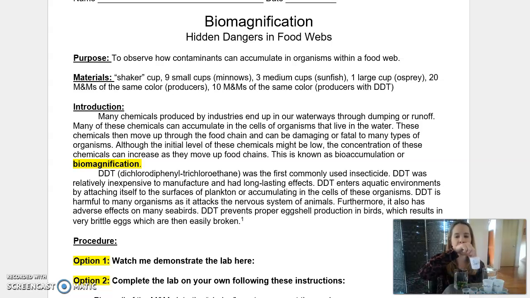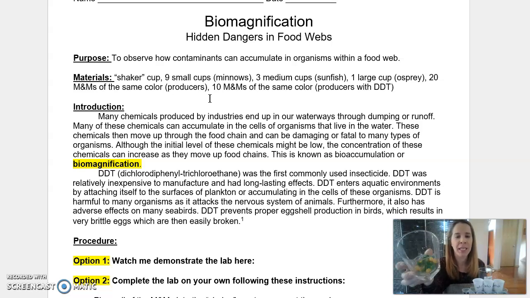3 medium-sized cups, and I use Dixie cups here. Just wrote the word sunfish on them. And 1 large cup, which is going to represent our large carnivorous bird, the osprey. Then it says 20 M&Ms of the same color. Now you can use M&Ms or beads, or I actually used some jelly beans of any color. 20 of one color and 10 of another.